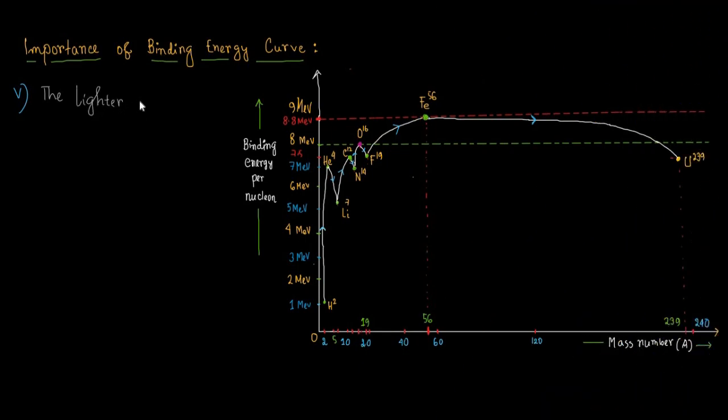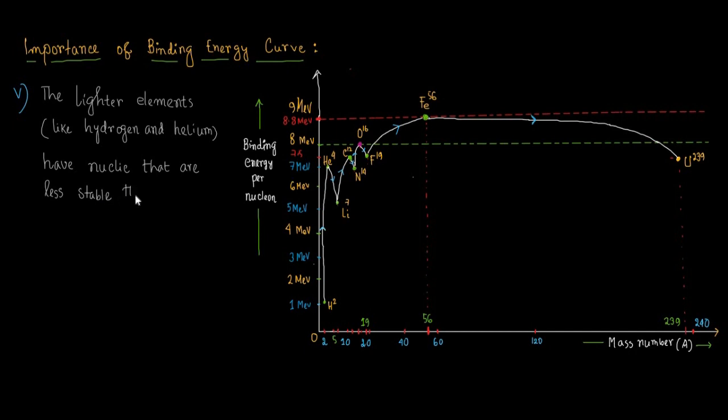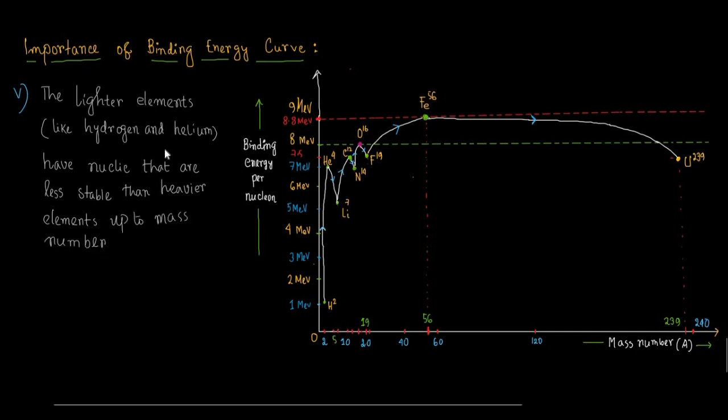Lighter nuclei like hydrogen and helium are less stable. The lighter elements have nuclei that are less stable than the heavier elements up to mass number A equal 60.